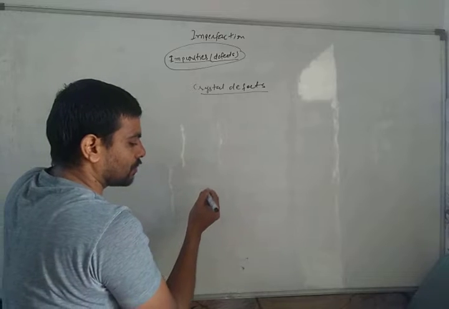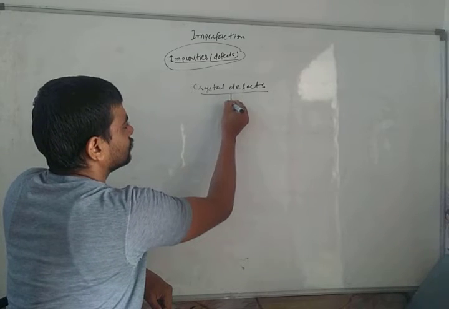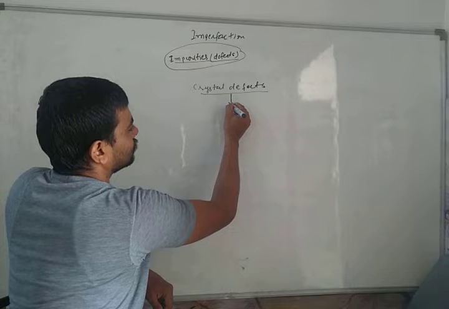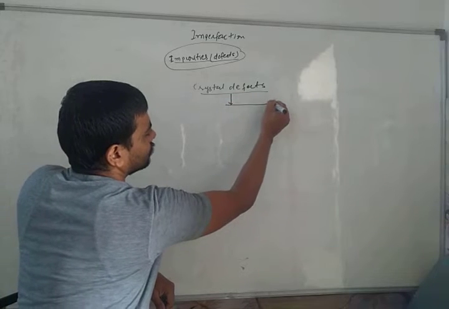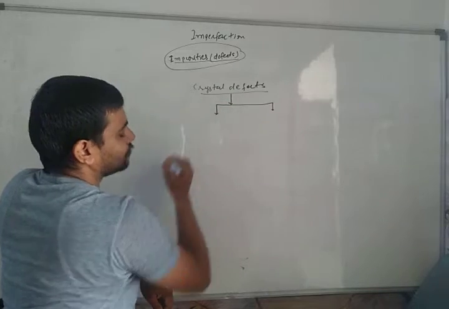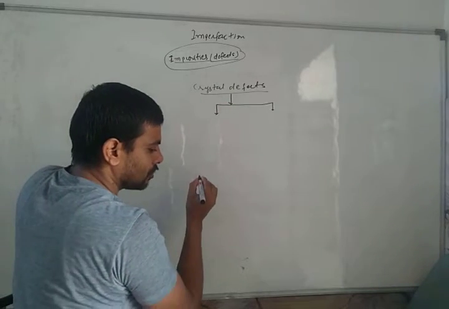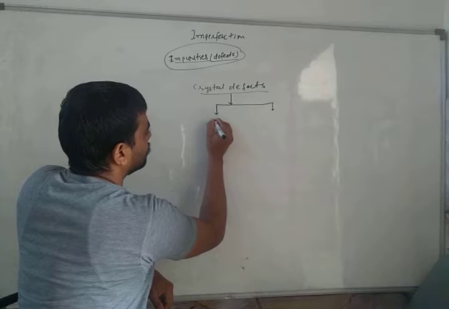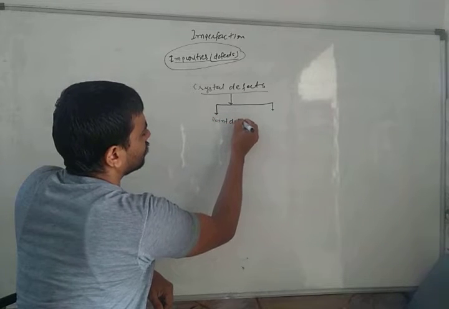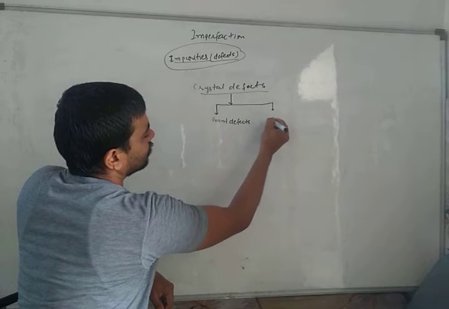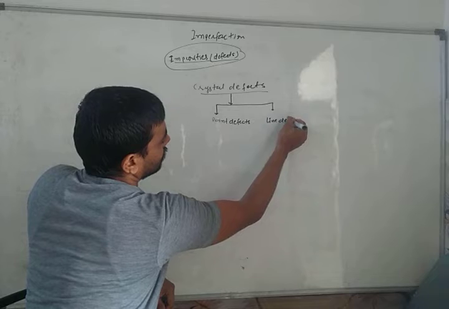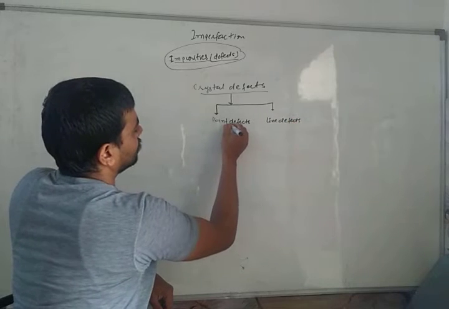Crystal defects are of two types: point defects or line defects.